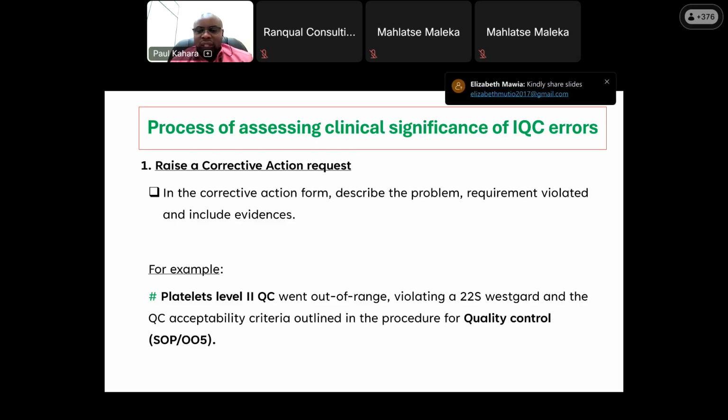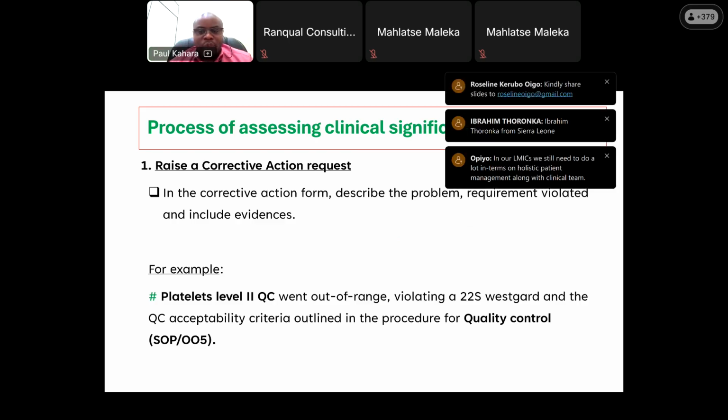But it's good to mention that the standard says, just like I mentioned a few minutes ago, whenever the results of monitoring fail to be within the acceptable criteria, that is supposed to be handled as a nonconformity. And therefore, the first stage of assessing this clinical significance is by raising a corrective action so that you describe the problem, what exactly is the problem, what requirement was violated, and what evidence we have for this particular problem.